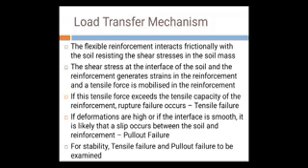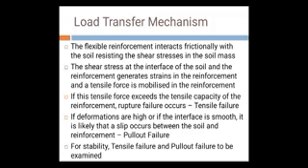If the deformations are high or if the interface is smooth, it is likely that slip occurs between the soil and reinforcement, that is pull out failure. If the reinforcement does not rupture but the soil slips over it, that is called pull out failure.